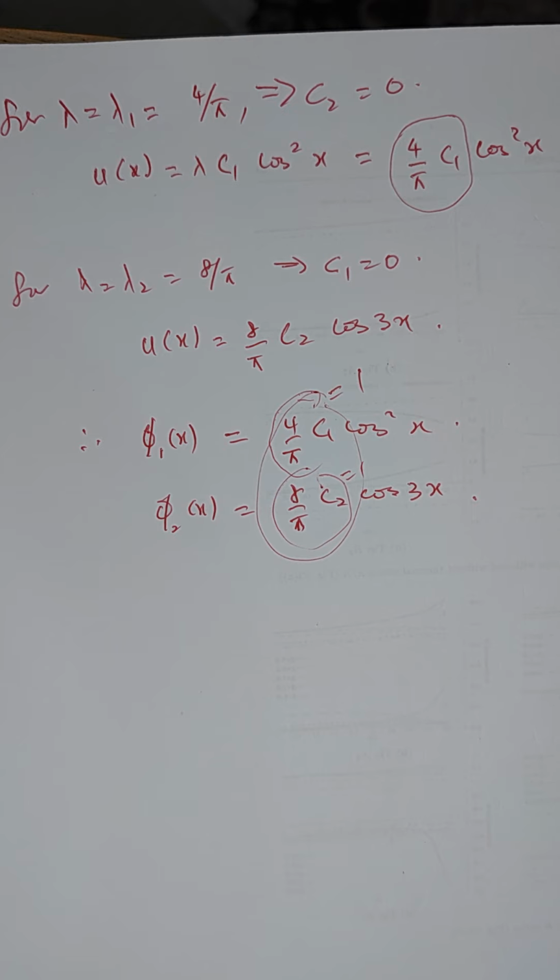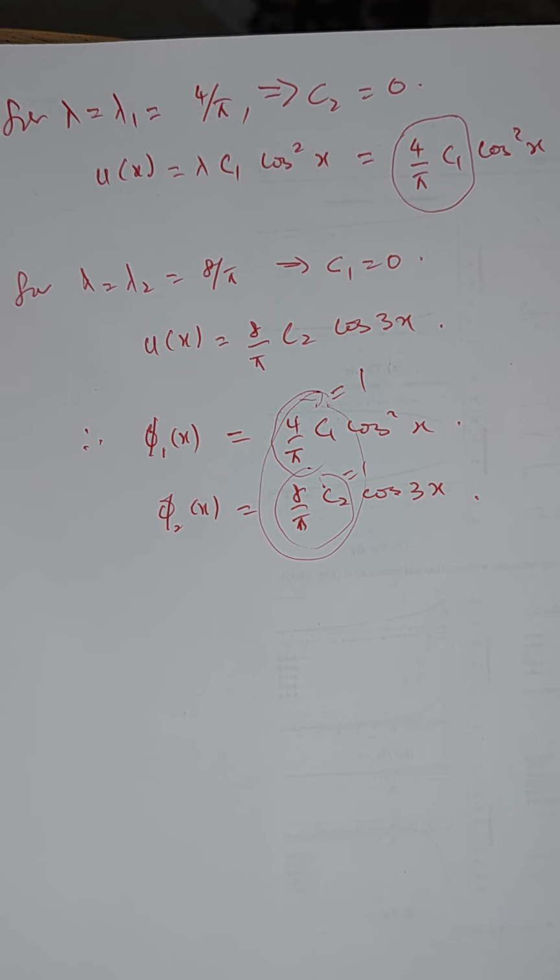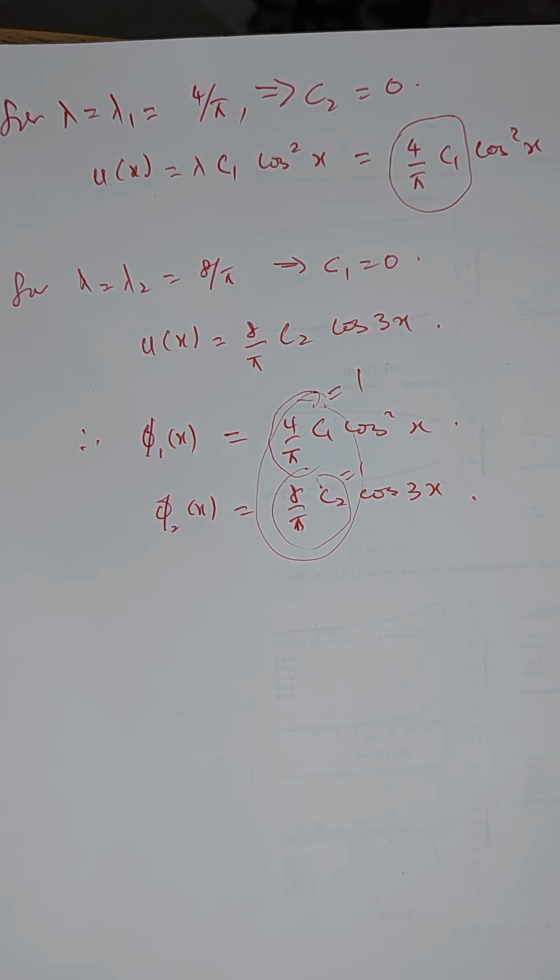So with that example, I have explained in this video two quite important theorems: that the eigenfunctions for the homogeneous Fredholm integral equation with a symmetric kernel are orthogonal, and the other one is that the eigenvalues are real.